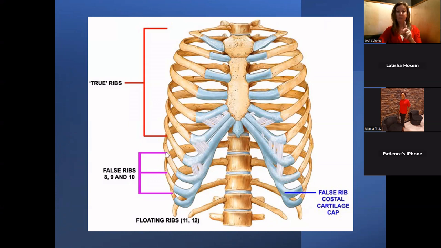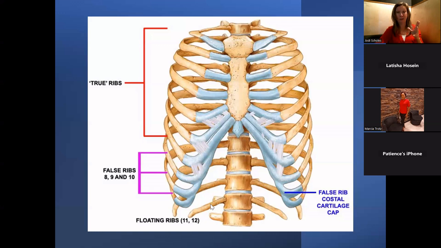False ribs, 8, 9, and 10, attach indirectly. They're still attaching, but they're part of the rib cage. Unlike the floaters, right? The floaters are down here, 11 and 12.